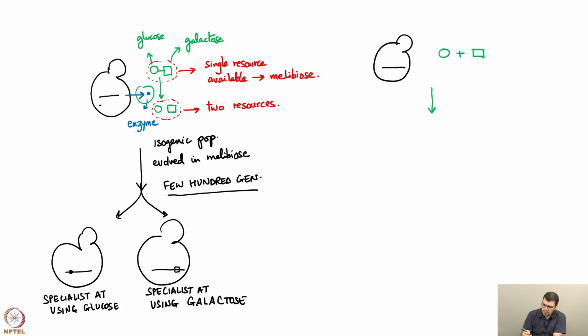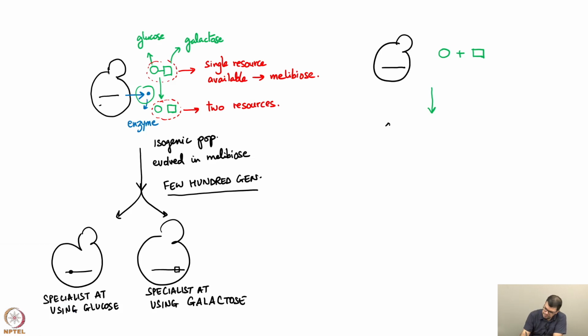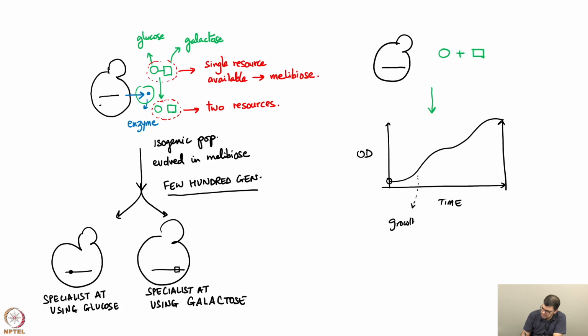So if we draw what happens in this particular case, let us say this is time, and in our flask I am looking at OD. Optical density in this particular scenario increases like this. This is the phase where growth on glucose is taking place, and then at this point all the glucose is gone.